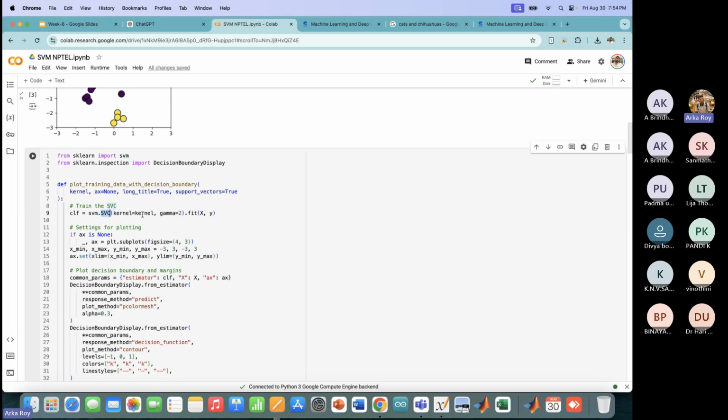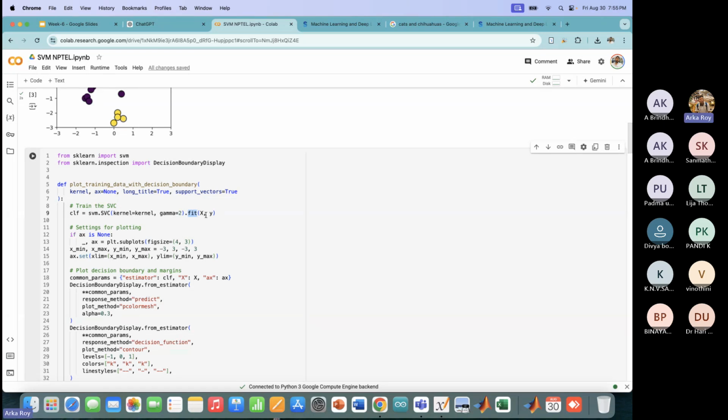One is kernel, so here you can put either a linear kernel or cubic or quadratic or any other polynomial. And there is another term called gamma, which we will talk about later on. And then you have declared the SVM.